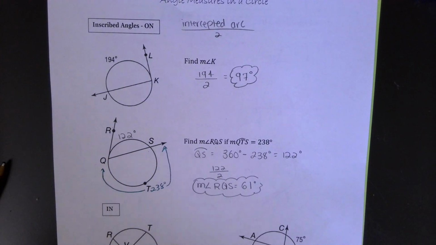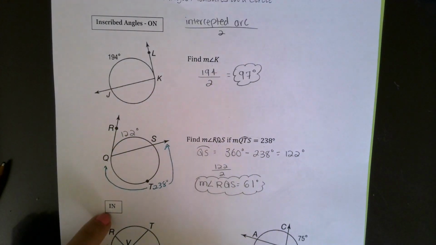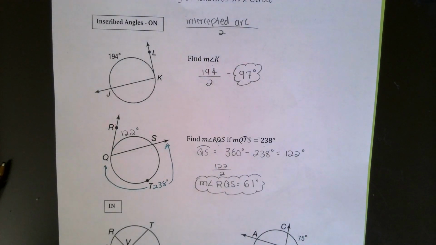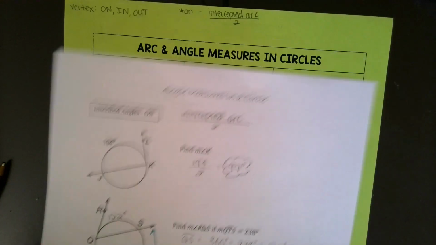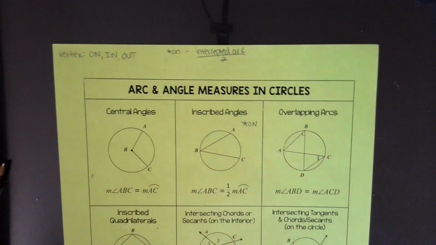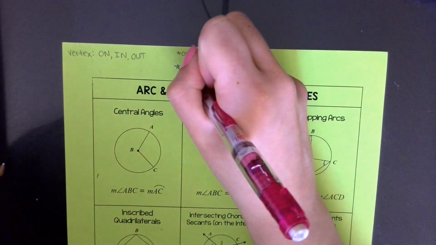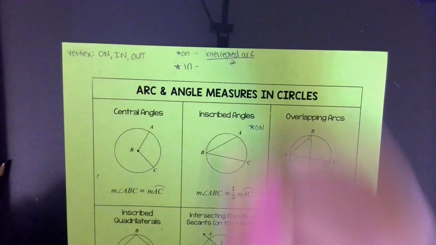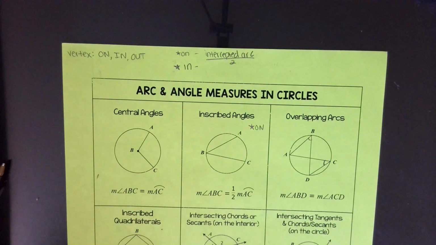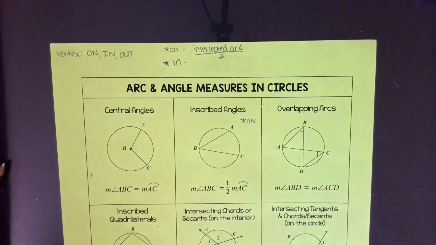Now, what happens if we see the vertex is in the circle? Okay, so this is what's going to happen. I'm going to keep it all over here. This is like our formula sheet. If the vertex is in, you're going to take the sum of the intercepted arcs and divide it by 2. Remember, sum means you're adding. Find the result when you add them.